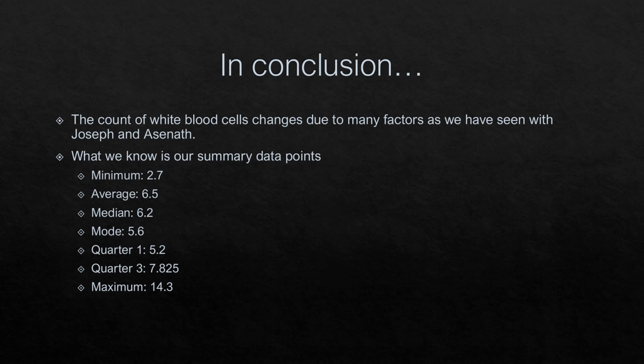Quartile 3, which is between the median and the maximum, is 7.825 thousandths per microliter. And lastly, like I just mentioned, is our maximum, the greatest amount, the biggest and largest white blood cell count given to us from our 300 patients, which is 14.3.